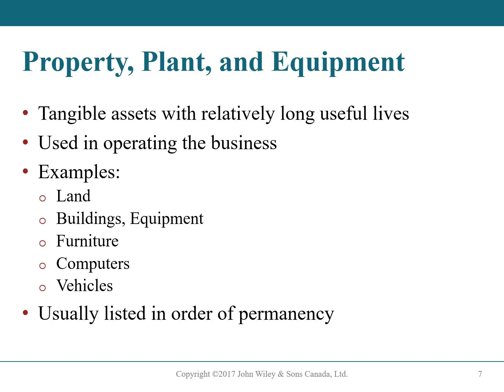That is, land is usually listed first because it has an indefinite life and is followed by the asset with the next longest useful life, normally buildings. Then we have equipment and so on. It is also recommended that you use this order when preparing your homework assignments.